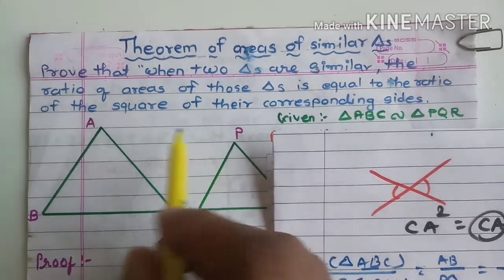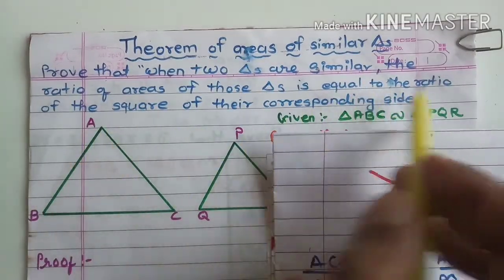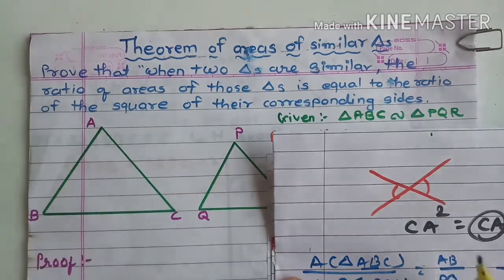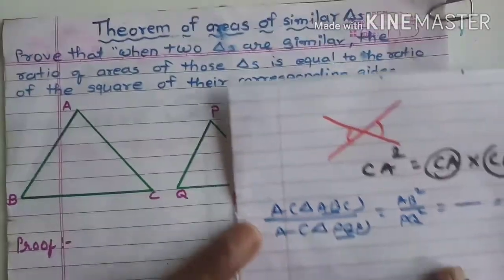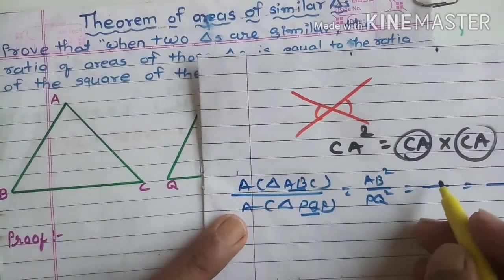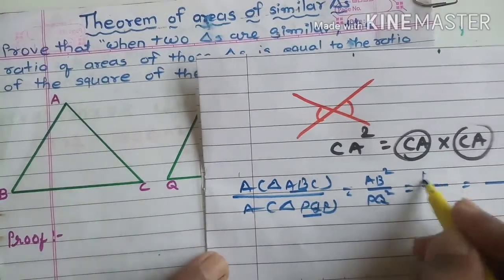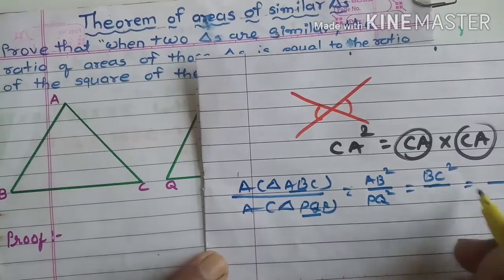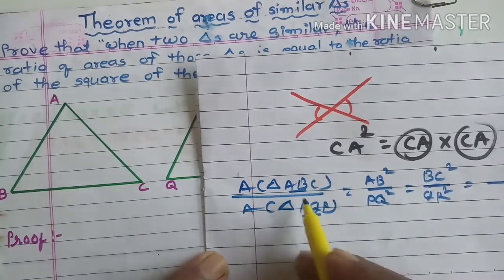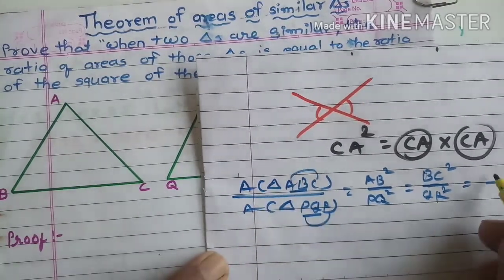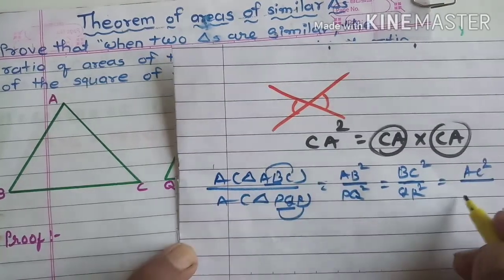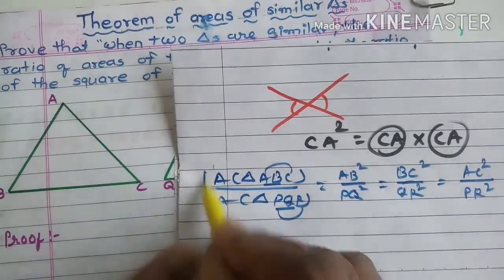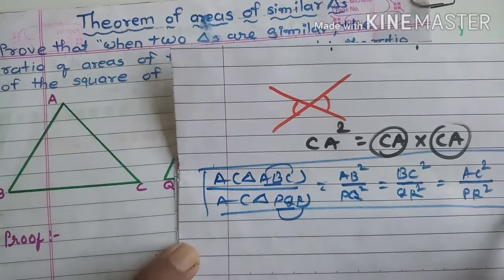What they have given is that the ratio is equal to the ratio of the squares of their corresponding sides. So AB square upon PQ square, the second corresponding side is BC square upon QR square, and third is AC square upon PR square. Okay, so this is what we have to prove.